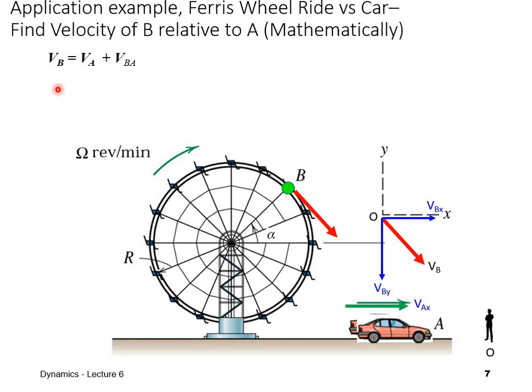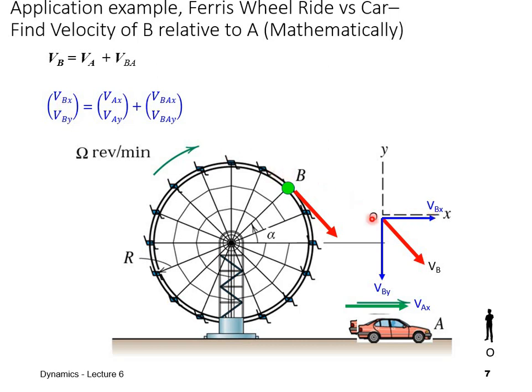From the equation, VB is equal to VA plus VBA. This is the one that we are looking for, the velocity of B relative to A. So in matrix form, we can start adding up the values of each velocity, VBX and VBY.